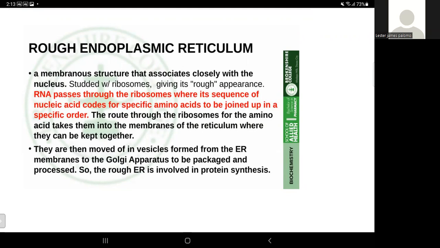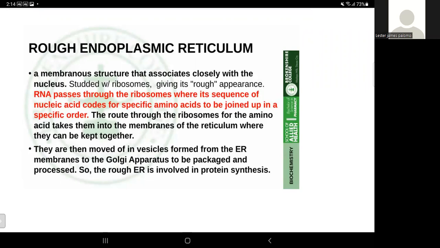Do you understand, guys? Do you follow? Sir, can you repeat? Again, your assignment is to determine the list of organelles that are membranous and those that are non-membranous.